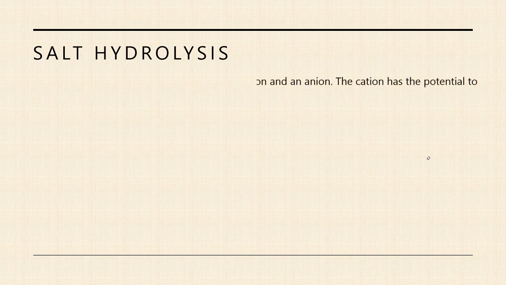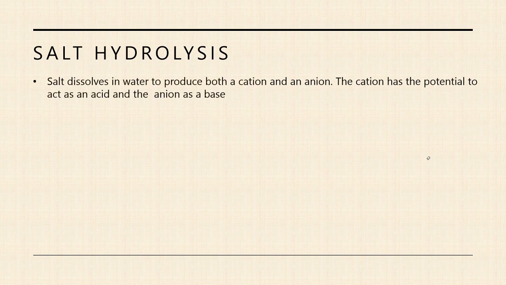So, when you take a salt and add it to water, the cation and anion get removed from the salt and they become free in the medium. Okay, so salt dissolves in water to produce a cation and an anion, and the cation has the potential to act as an acid and the anion to act as a base.